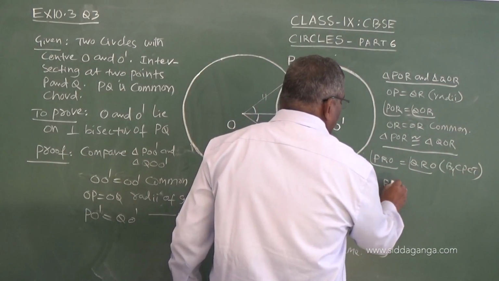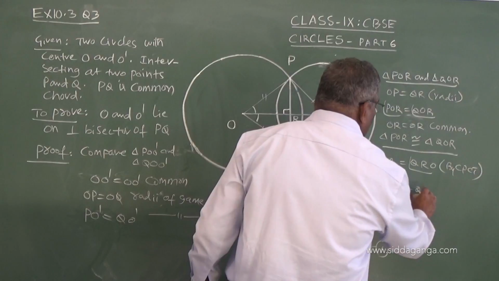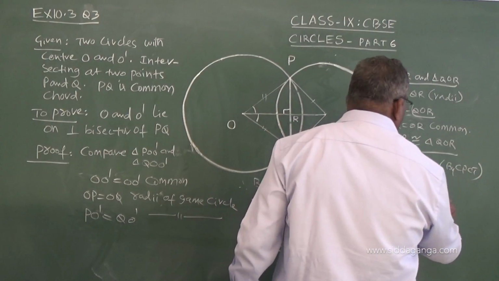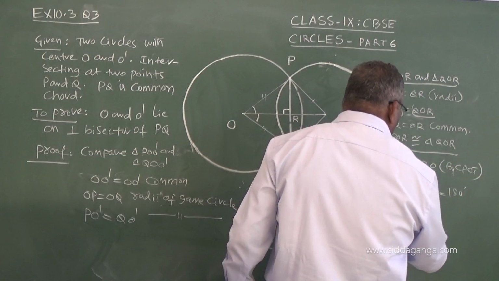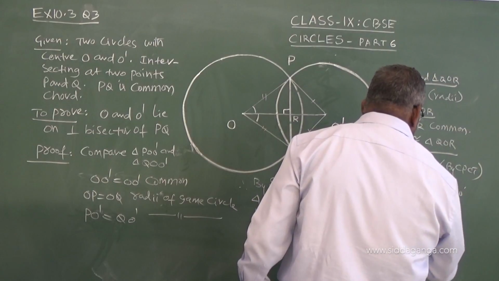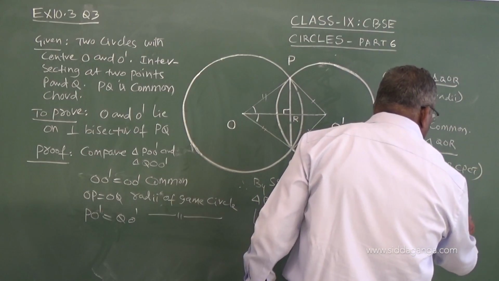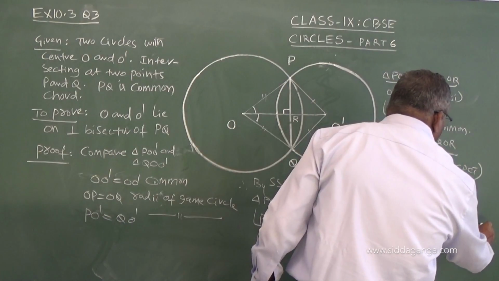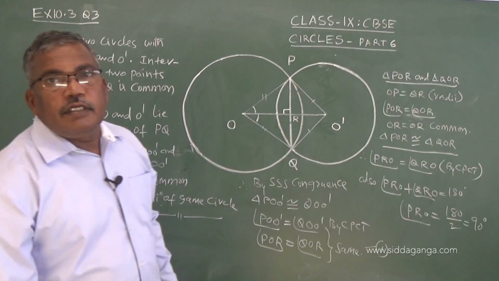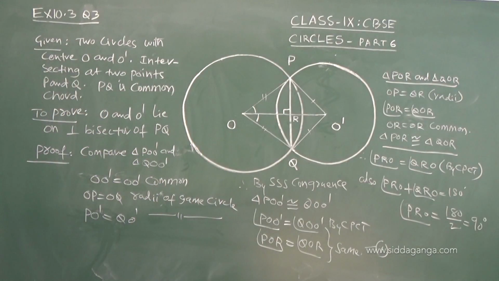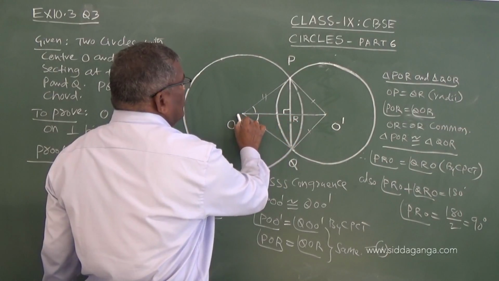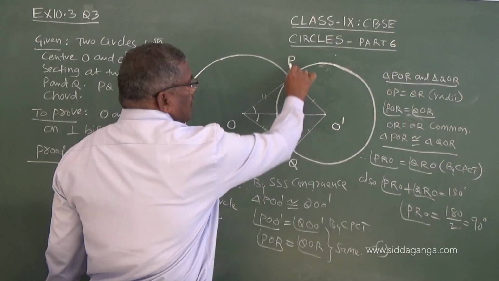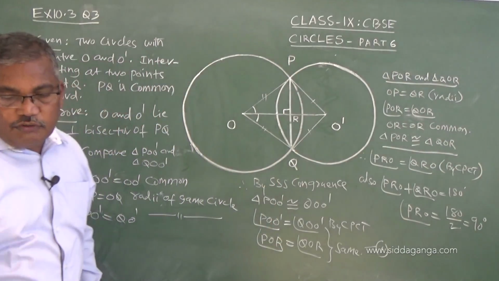Also, PRO plus QRO equals 180 degree, or PRO equals 180 divided by 2 equals 90 degree. So, when this is 90 degree, we can say this is the perpendicular bisector of PQ.